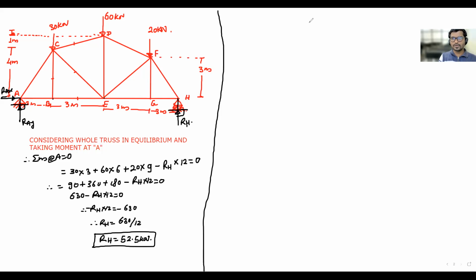So which one do you want to go for firstly? RAY. So how will you? Summation of y equals to 0.